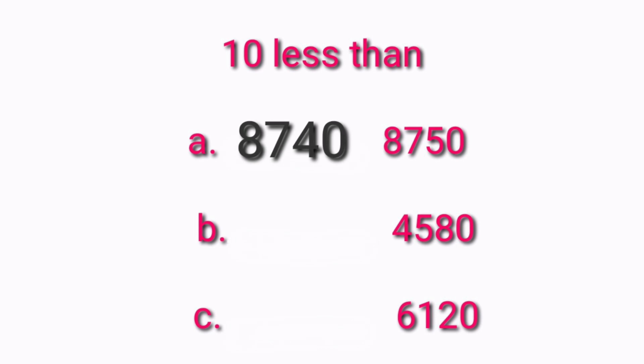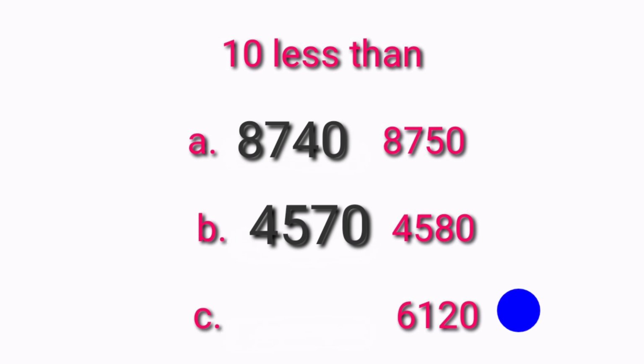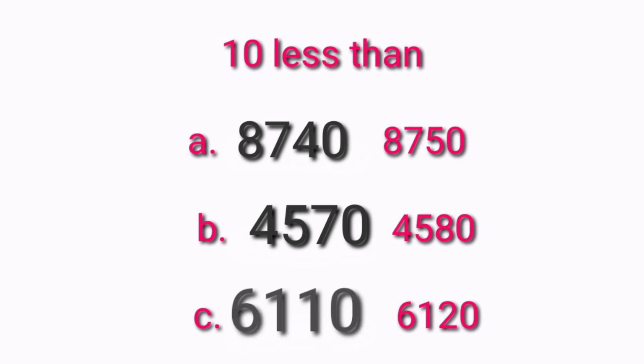Here the next number 4580. If we subtract 10 from this number, we will get 4570. Okay, let us take next example 6120. If we subtract 10 from this number, we will get 6110.